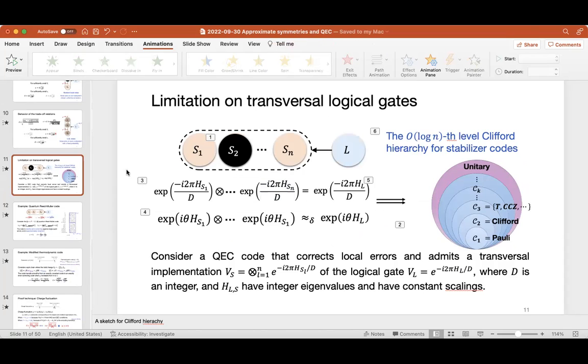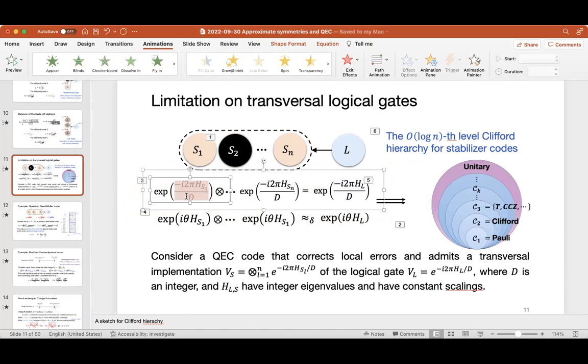Yeah, so I guess it's because many known examples of transversal logical gates have this form. So that's why it is important to consider this type of transversal logical gate where you put this H to be a constant, and then you consider a family of codes where D increases.